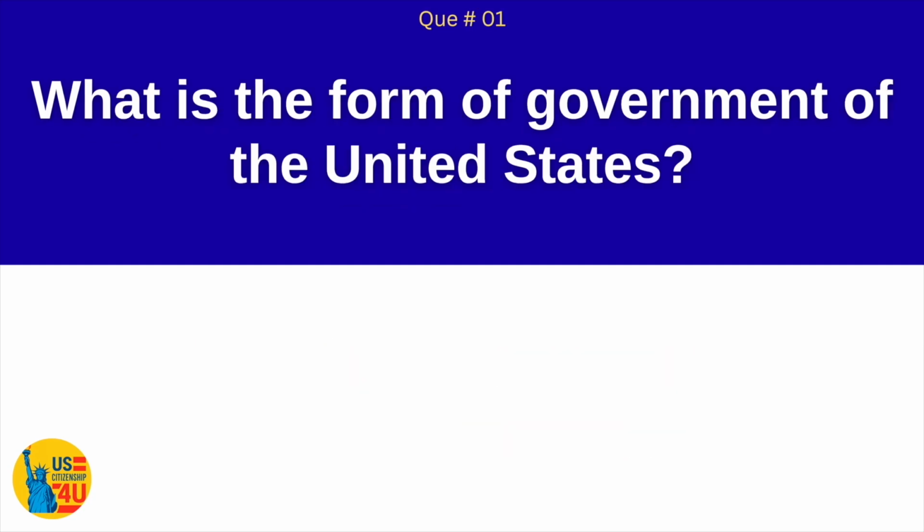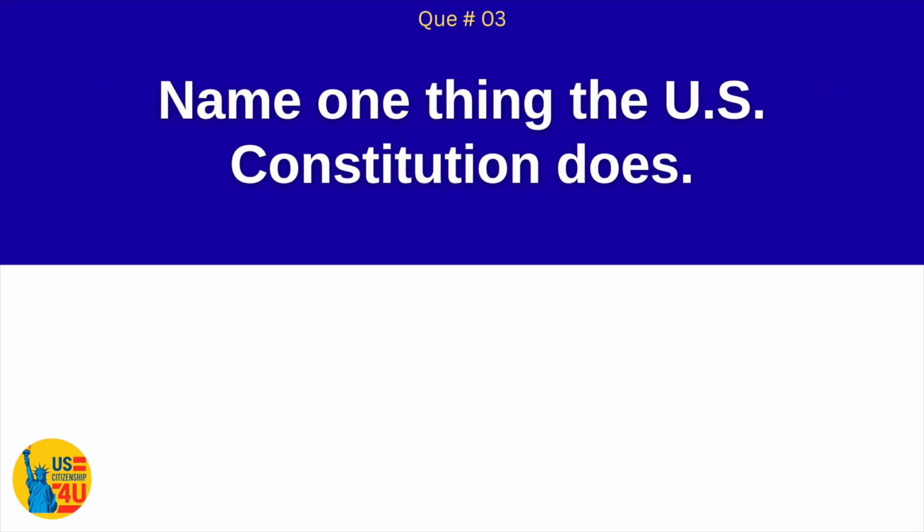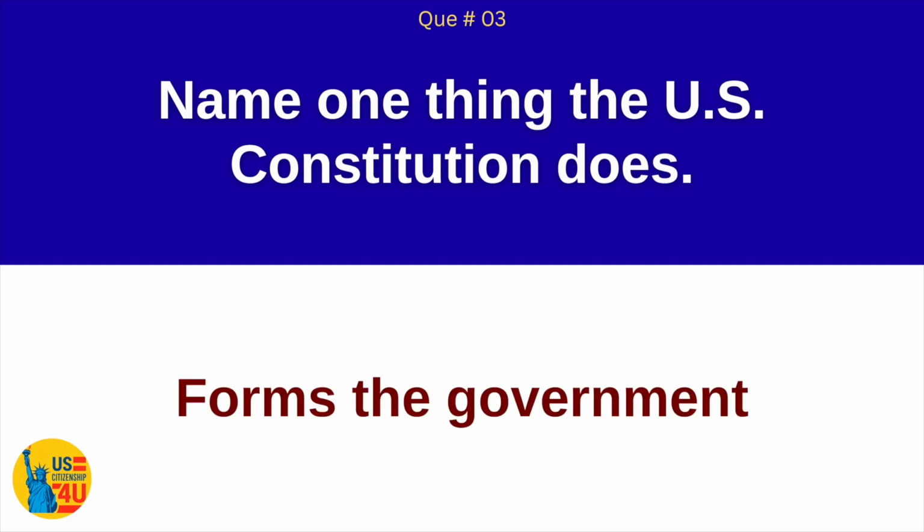What is the form of government of the United States? Republic. Name one thing the U.S. Constitution does. Forms the government.